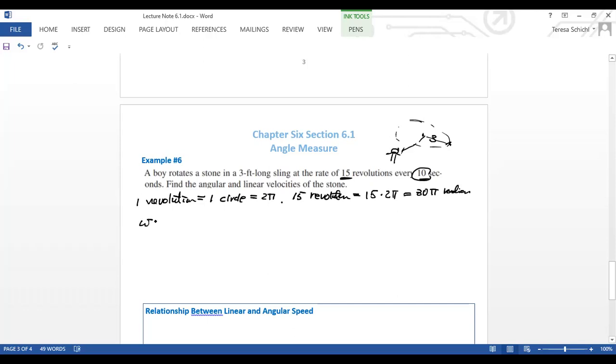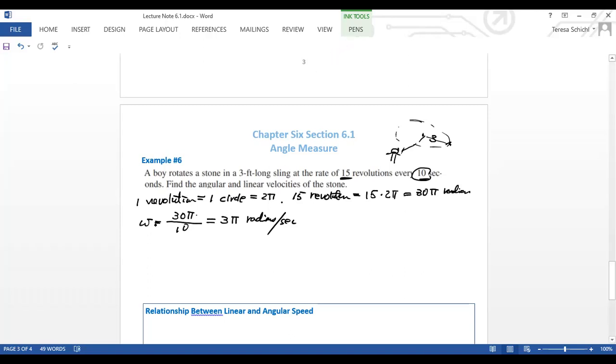So my angular speed, how fast this angle changes, is 30 pi over 10 seconds, correct? So it's 3 pi. Remember the top unit is radians and the bottom is seconds, so it's 3 pi radians per second.